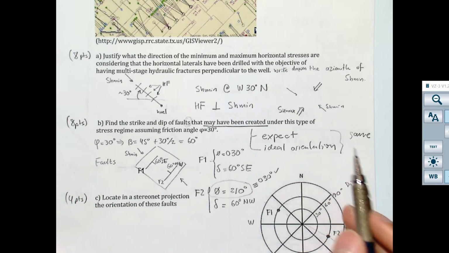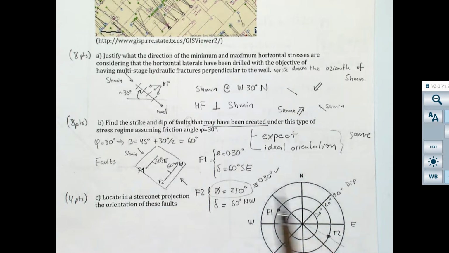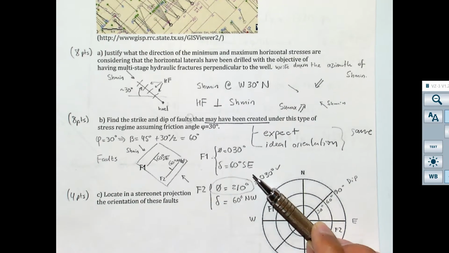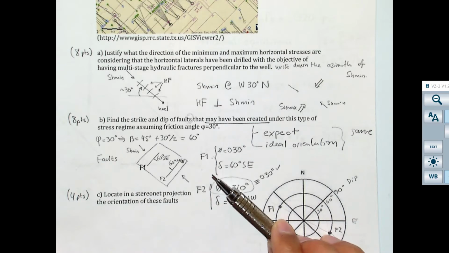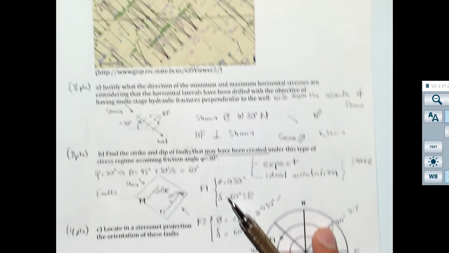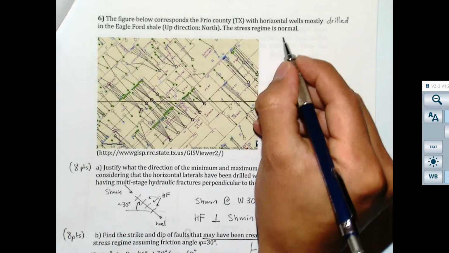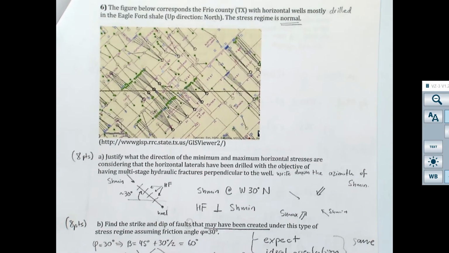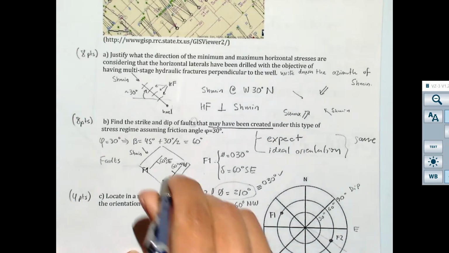And in order to solve this problem, you have to do what we were talking about just 10 minutes ago. You need to recognize what is the maximum principal stress, which in this particular case, I'm telling you this is normal. So if this is normal, what is the maximum principal stress? It is vertical. So this is like this.